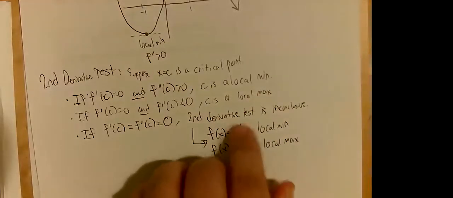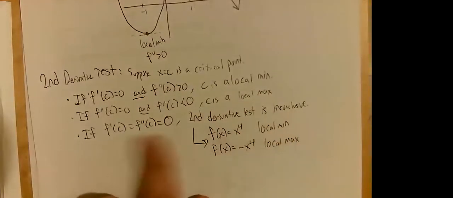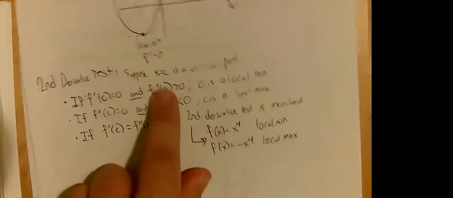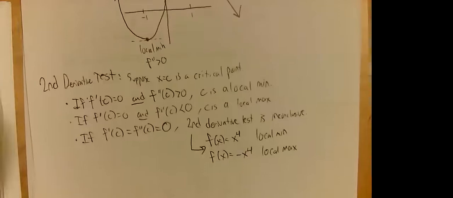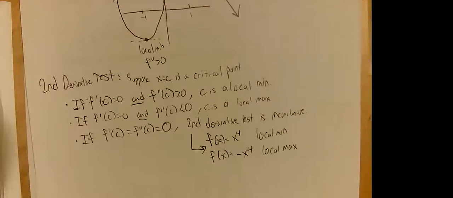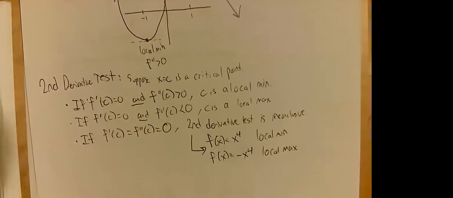So this goes to show you that it could go either way if both of our derivatives are 0. But if f double prime is positive or negative, then we do have a concrete conclusion here. All right, so let's take a look at some examples of this.